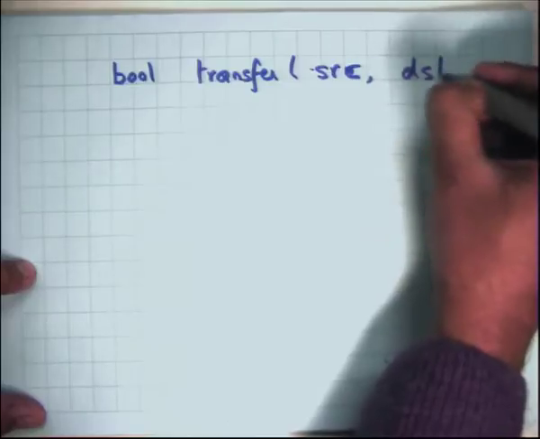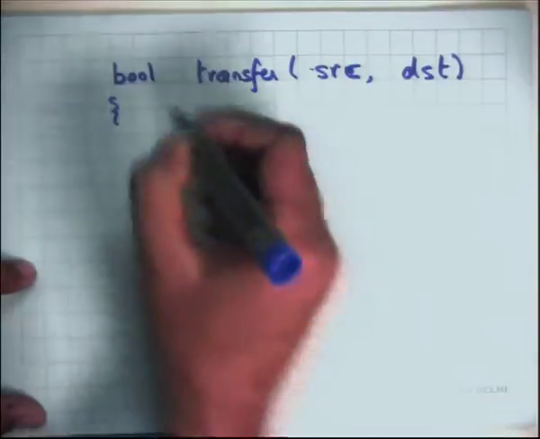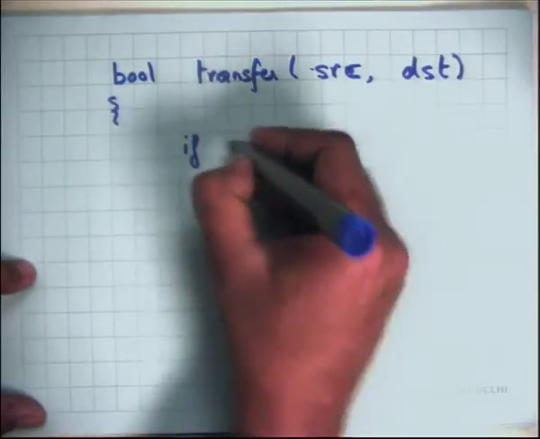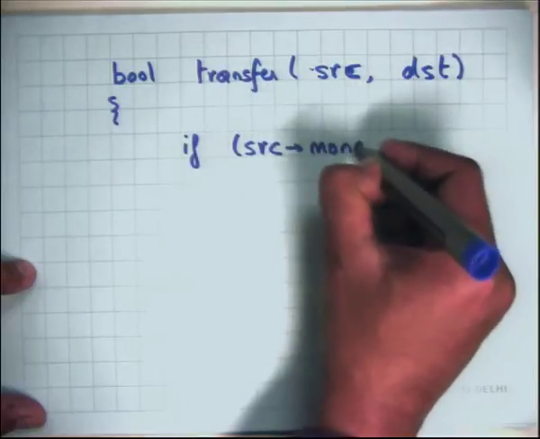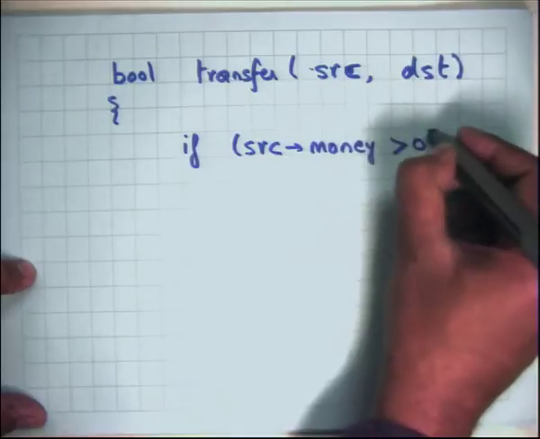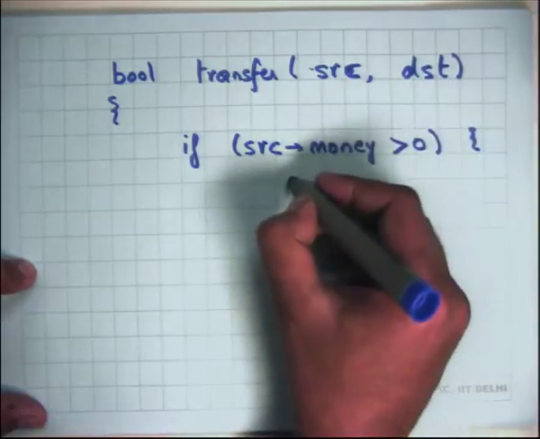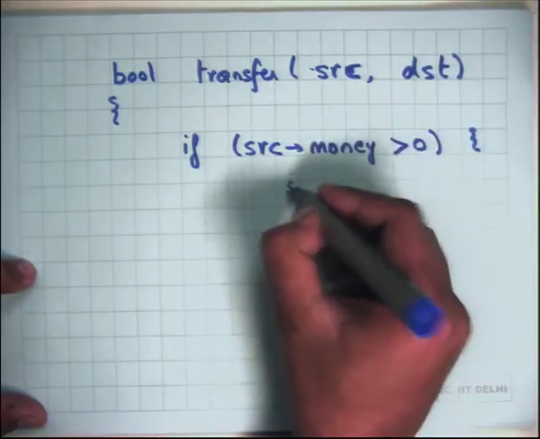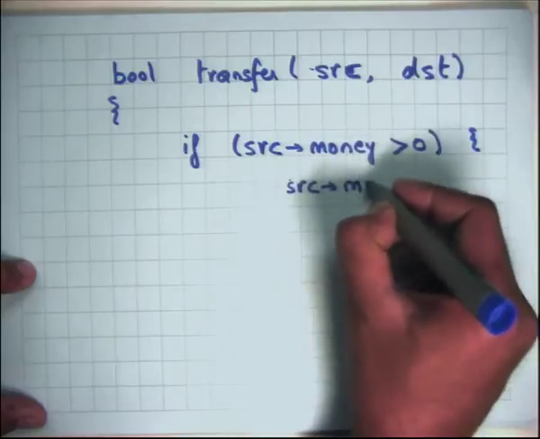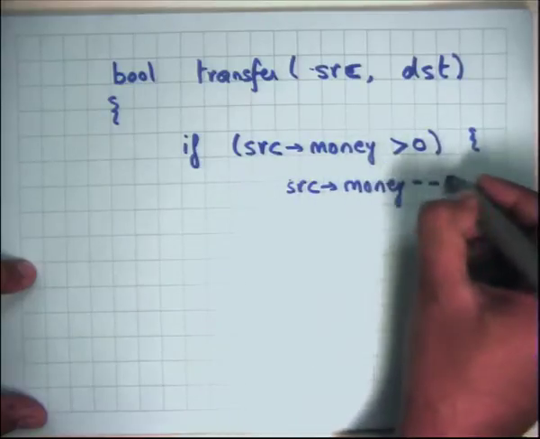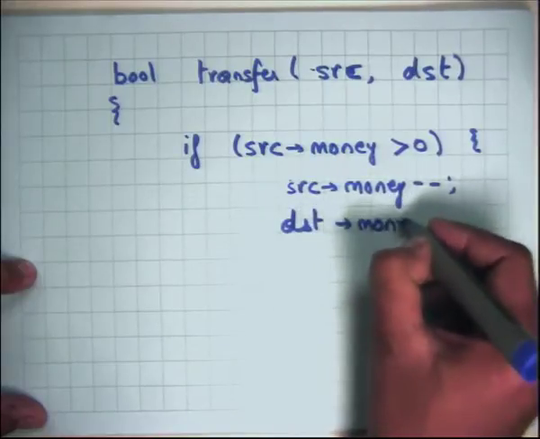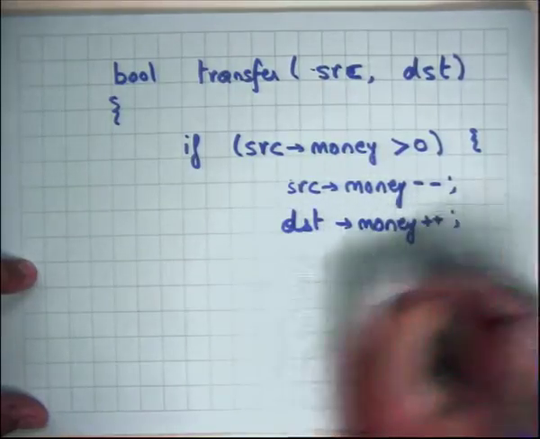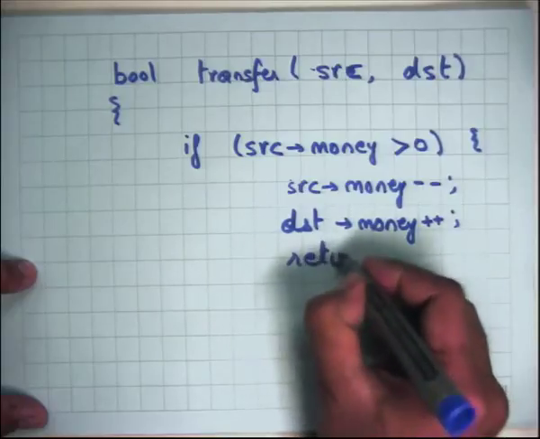Let me also rename the variables so that it's clearer: if source.money is greater than 0, source.money--, destination.money++, and let's say I return true.